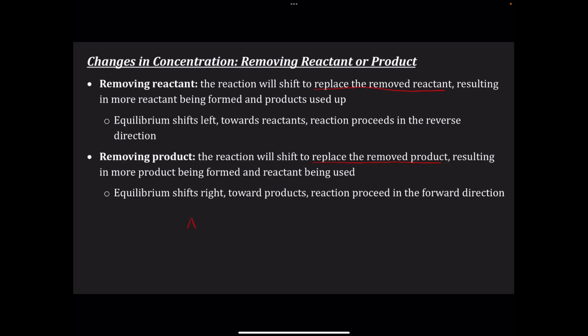So again, if I had A plus B producing C, if I were to remove A, we're going to shift to replace it. So it shifts towards A. So the consequence is that the concentration of A and B will increase.